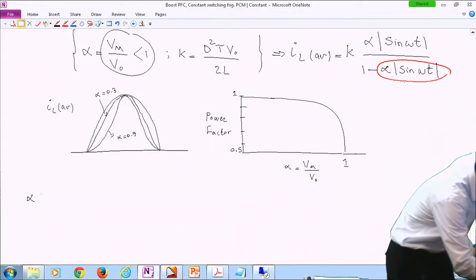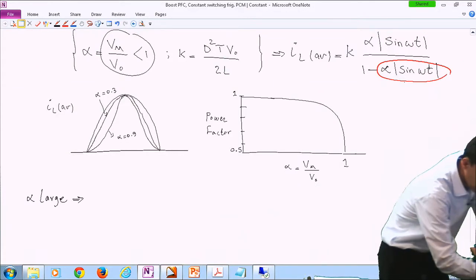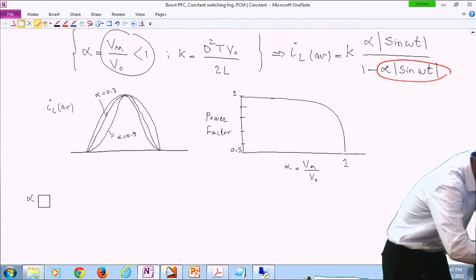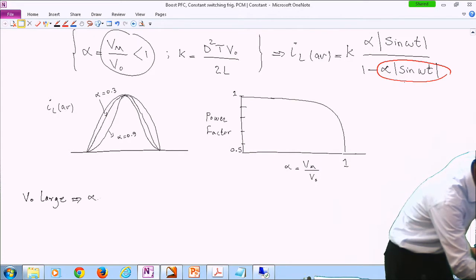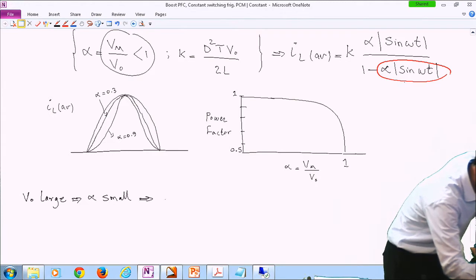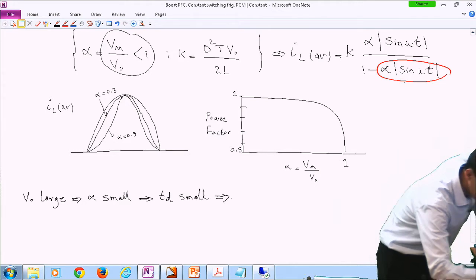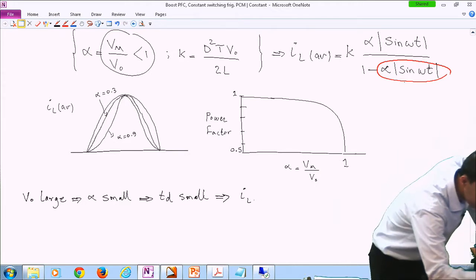Alpha is small. V out is large. Therefore, TD is small. Therefore, I_L on average is almost the same as a sine function.